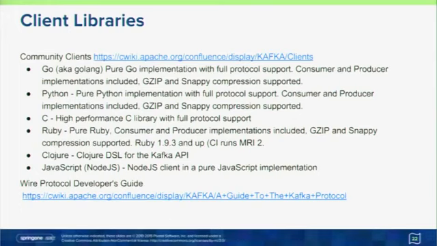All right, so client libraries. Before I talk about client libraries, let's talk about the wire protocol real quick. When Kafka communicates either between brokers or between producers and consumers, it does it over TCP/IP, and it uses our own custom byte structure, right?